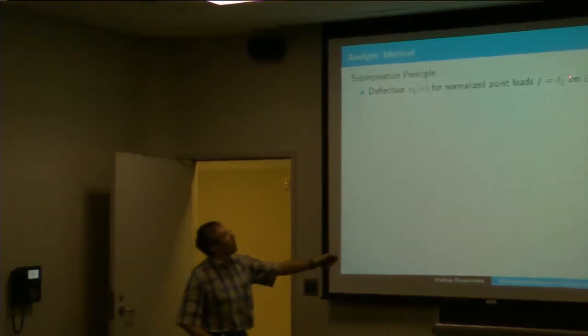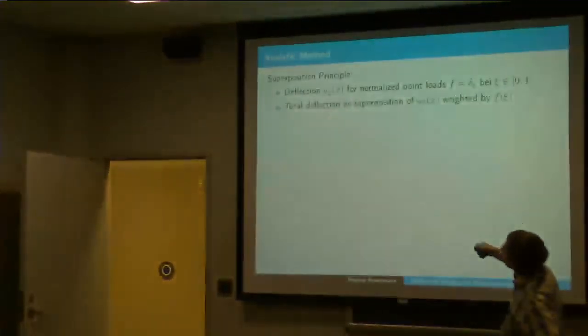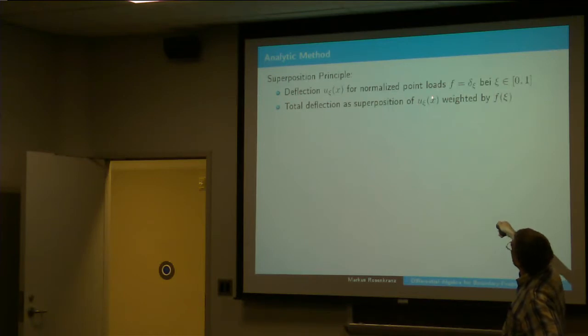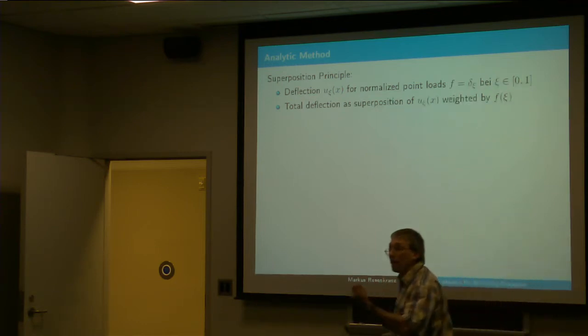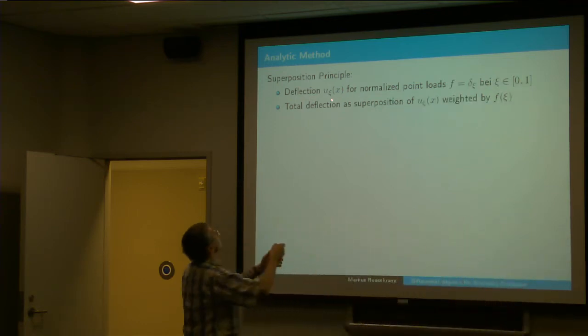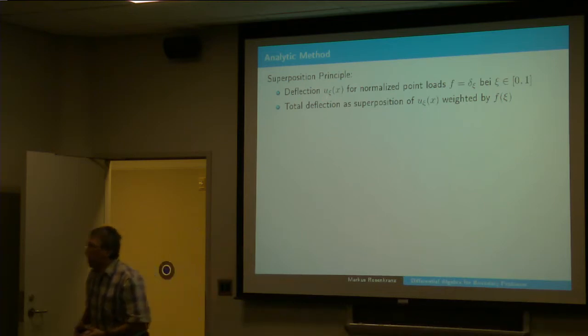So the delta x, the Dirac delta, describes a point load at some specified position psi. Okay? So that's the deflection, the kind of elementary atomic deflection element. And then, since the superposition principle holds, you would expect that the total deflection of the whole beam should be a superposition of all these elementary deflections, but not just added, but added with a certain weight, because this u sub psi would describe the deflection resulting from a point mass.